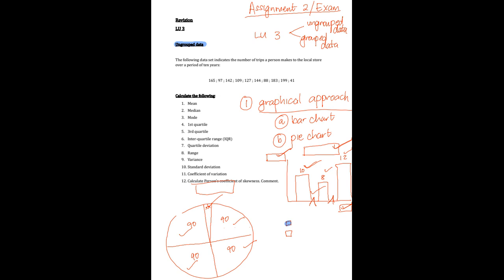So you can either have a key or you can just shade in the specific piece of that pie chart or slice of that pie chart in the respective color, and then also write the heading as well as the count or the frequency as well.